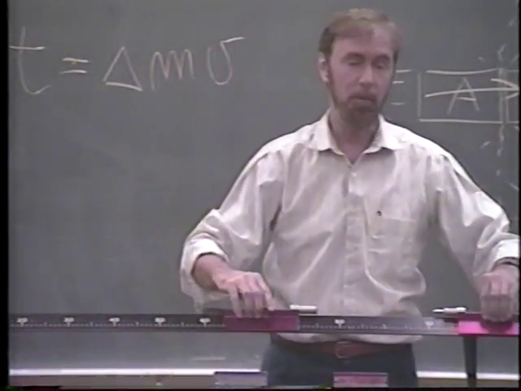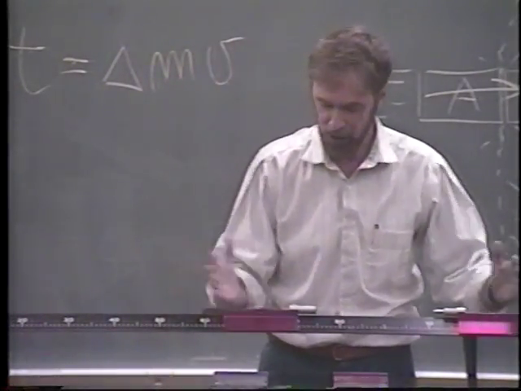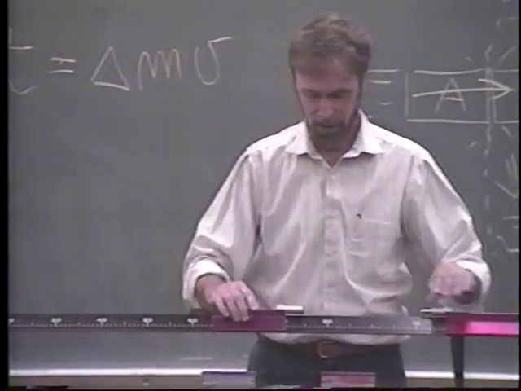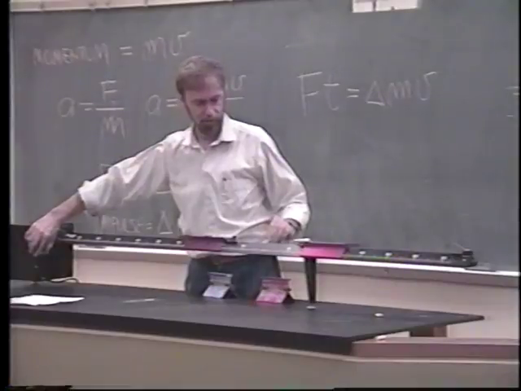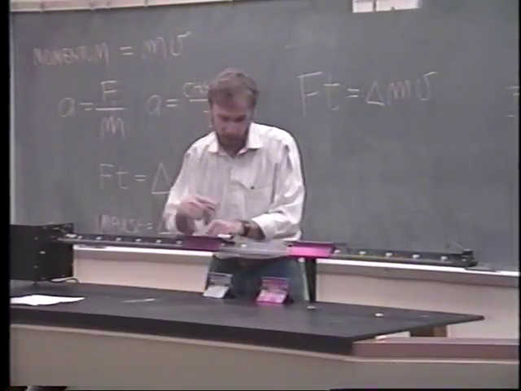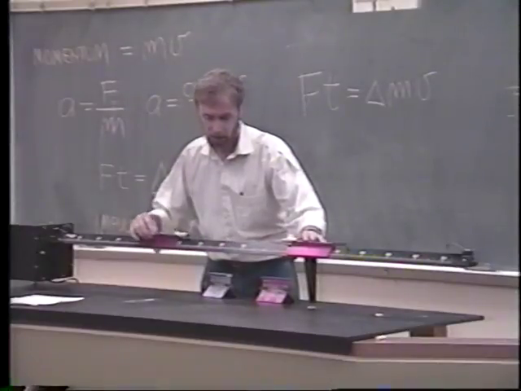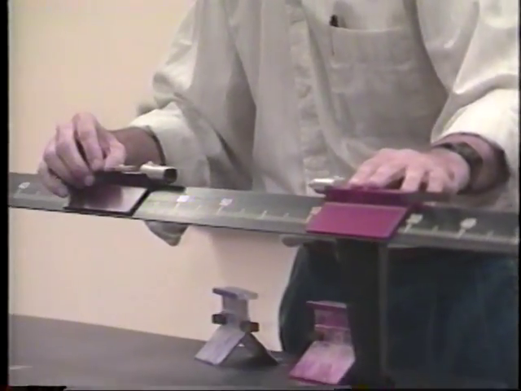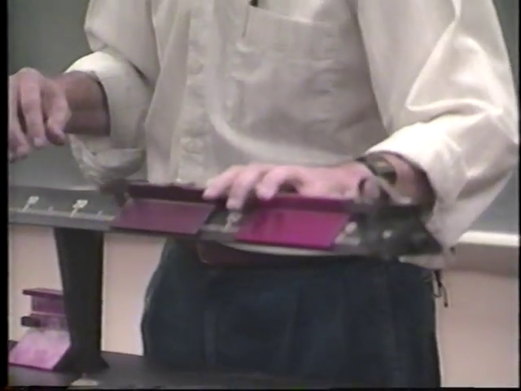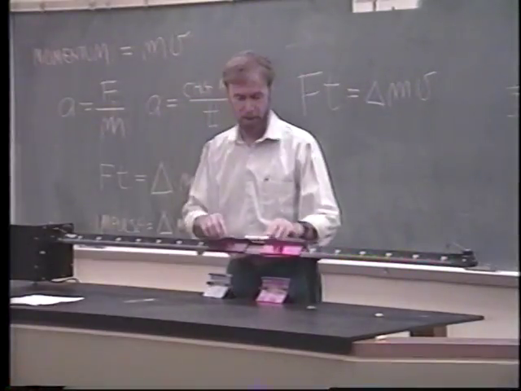This time, my colliding cars are going to stick to one another. Okay? And so let's see what we got now. I'm going to move this car with momentum. It's going to hit here. Let's suppose 10 units of momentum. It's twice as massive. One more time.